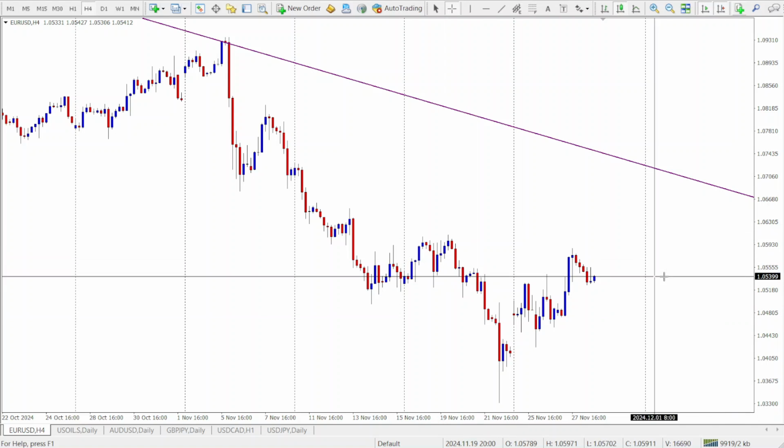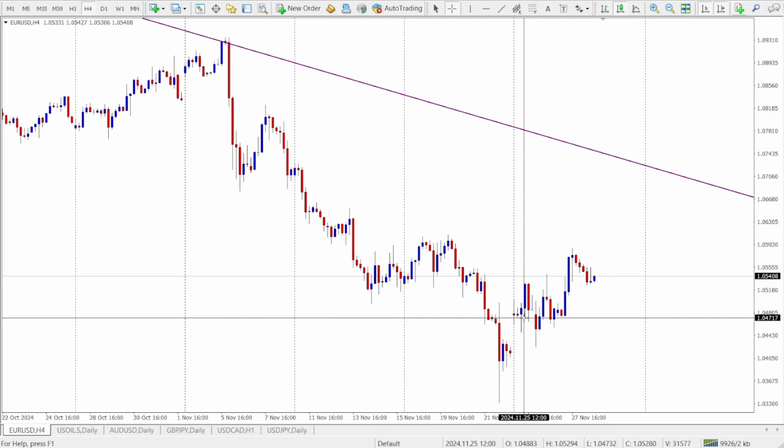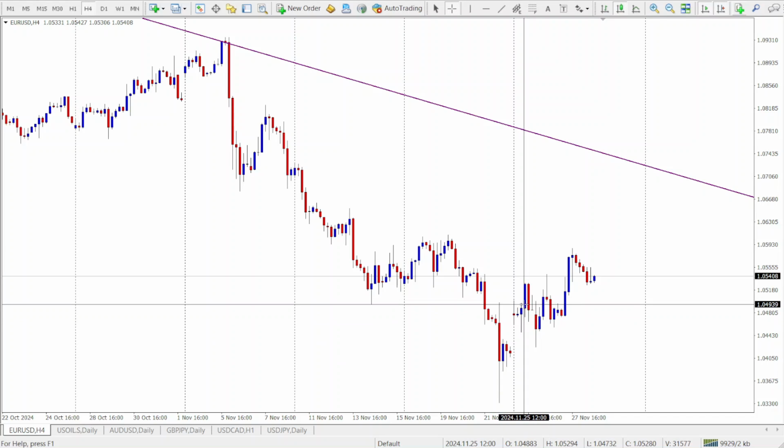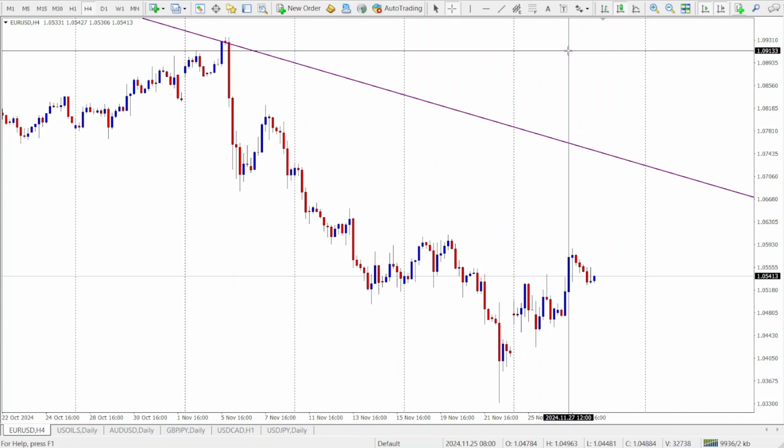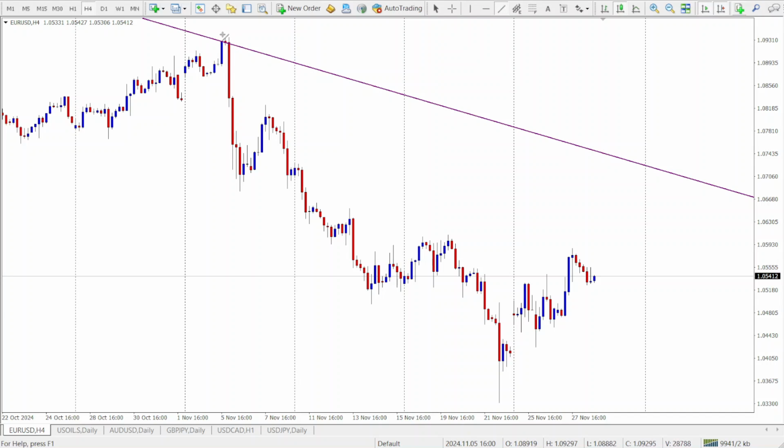At the start of the week, when the week is just starting, take time to assess the market trends. Are we in an uptrend or are we in a downtrend? For example, at the start of this week, we should have analyzed the ongoing trends in the previous weeks. We can see that here we had a sell trend, we had a breakout, and then we had a resumption of a sell.